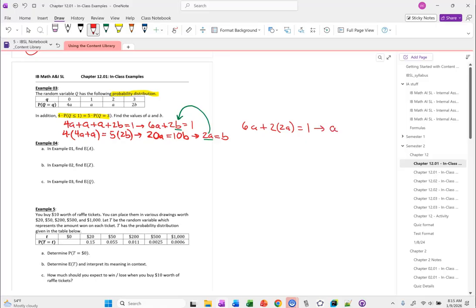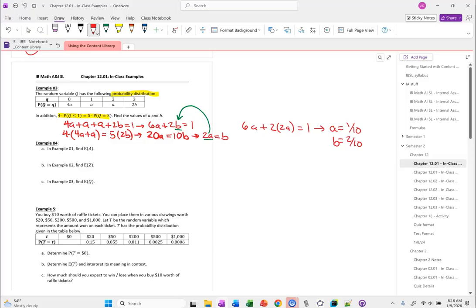Or just A is equal to 1/10. Right? 6A plus 4A is 10A, divide both sides by 10. And if B is equal to 2A, B is 2/10, or 1/5, right?